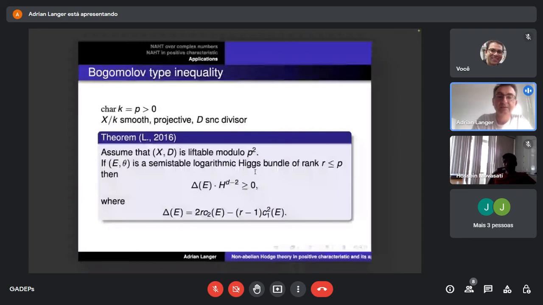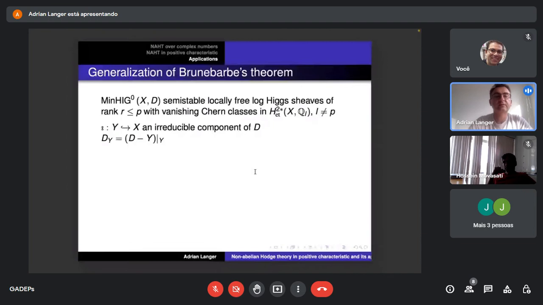So this is the category of semi-stable, locally free, logarithmic Higgs sheaves of rank lesser than p with vanishing Chern classes in l-adic cohomology now. Or actually, it is sufficient that the numerical Chern classes vanish in this case.